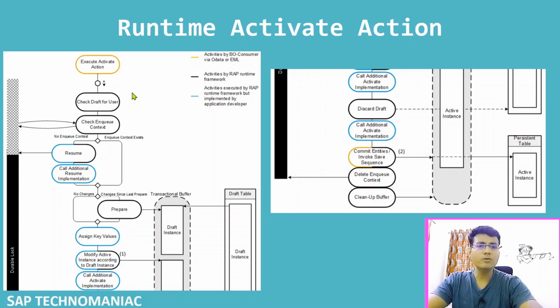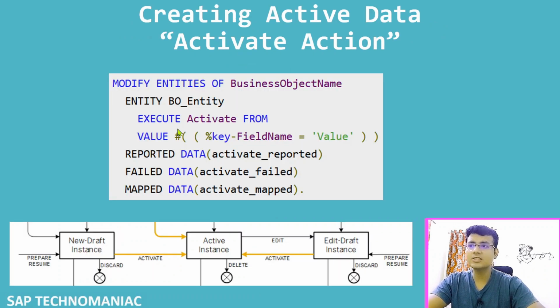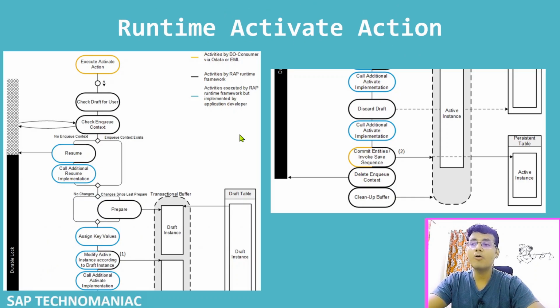As soon as you execute this statement via EML, or you click on the save button, the activate action is called internally by the framework. The first thing it will do is check the draft for the user. For this draft user, is the draft already available? If it is available, is it already locked or not? If it is not locked, then it will call another action called the resume action.